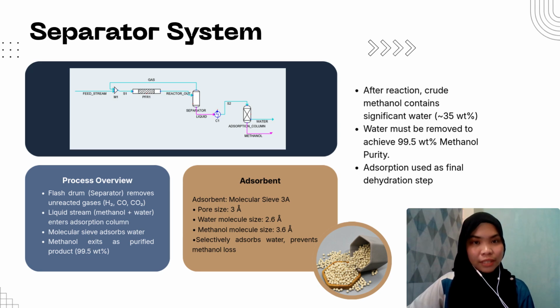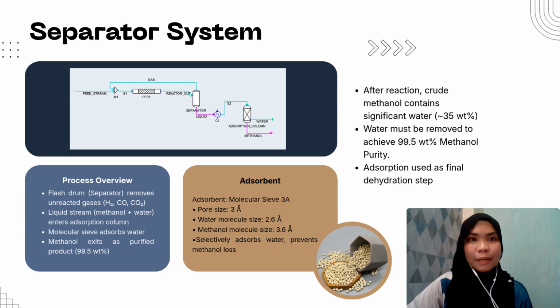Inside the adsorption column, we use molecular sieve 3A as an adsorbent. This material has a pore size of 3 angstrom. Water molecules are smaller, with a kinetic diameter of around 2.6 angstrom, so they can enter the pores of the molecular sieve and become adsorbed.